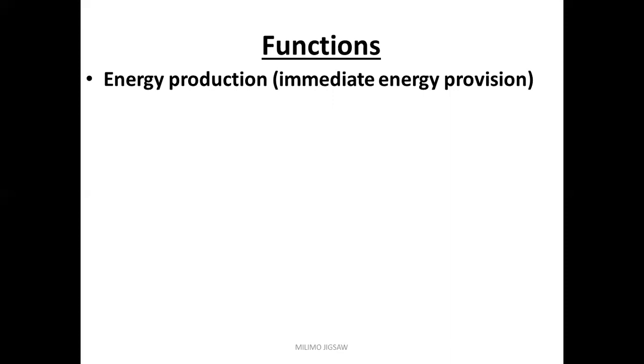So remember, we talked about the hydrocarbons before we started talking about the functional groups. We talked about hydrocarbons being good sources of fuel or energy. So the energy that comes from glucose comes from the chemical bonds between the carbon atoms.